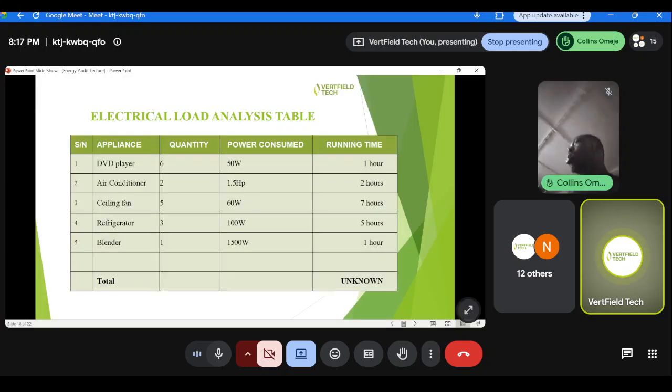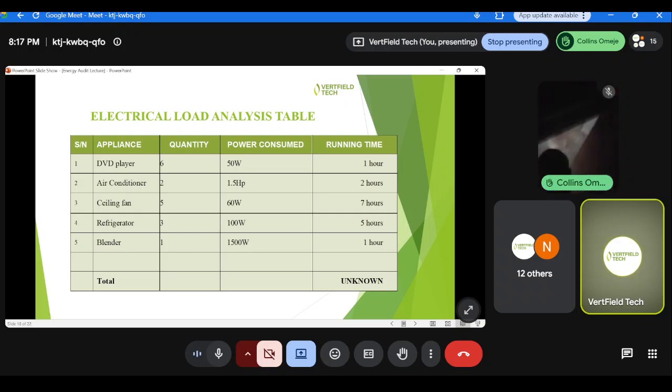All right, so you can now see this is the complete load analysis table. You can see the quantity of appliances, the power consumption, and the running time appearing on this load analysis table.